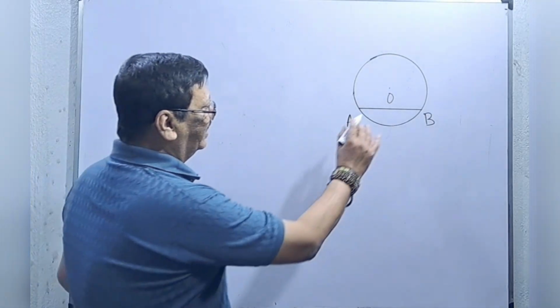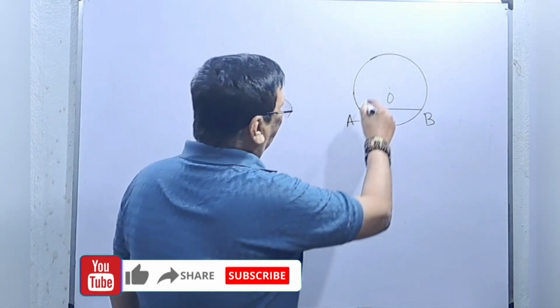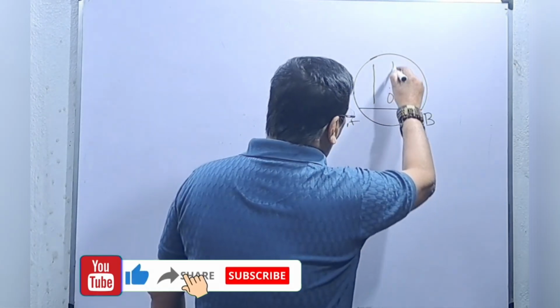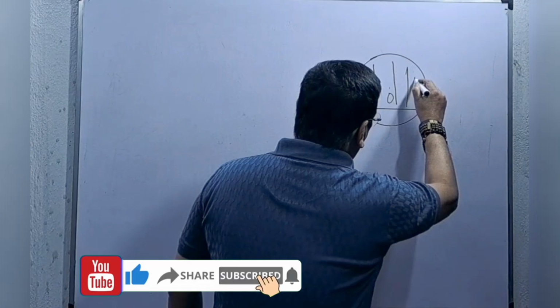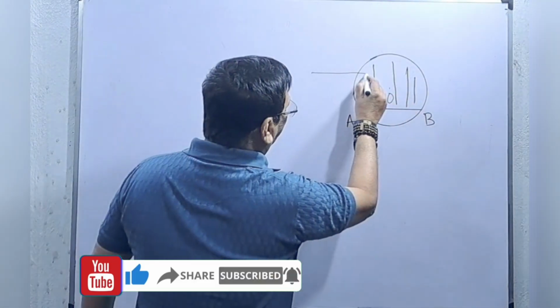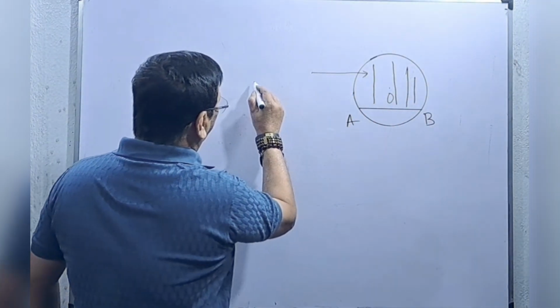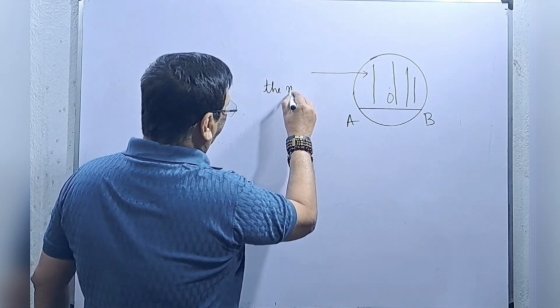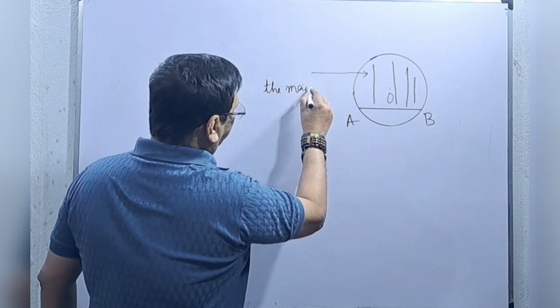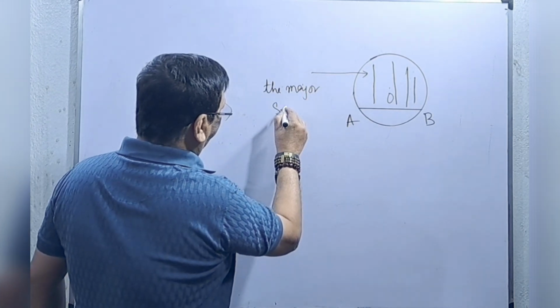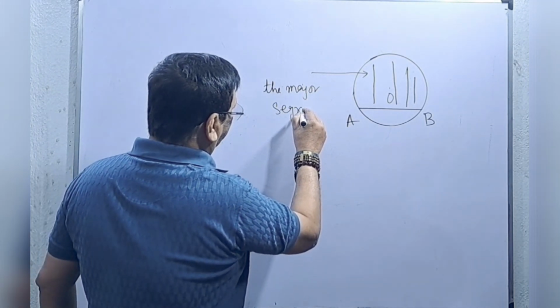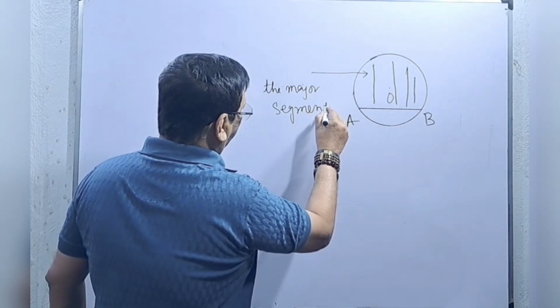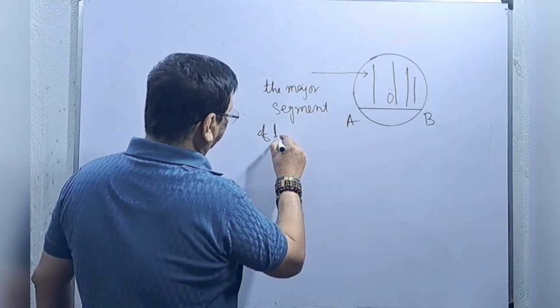Now see, AB is a chord, right? Now when you talk about this side, the larger side, this is called the major segment of the circle, correct?